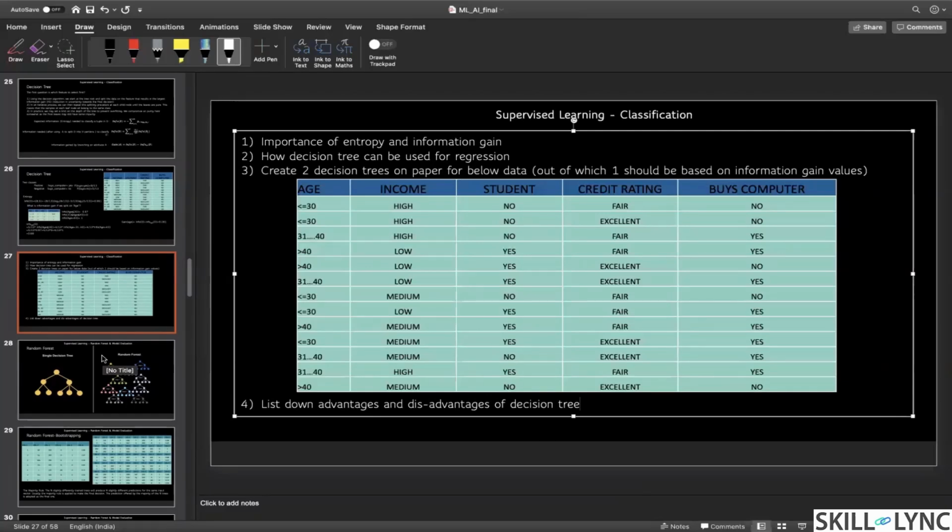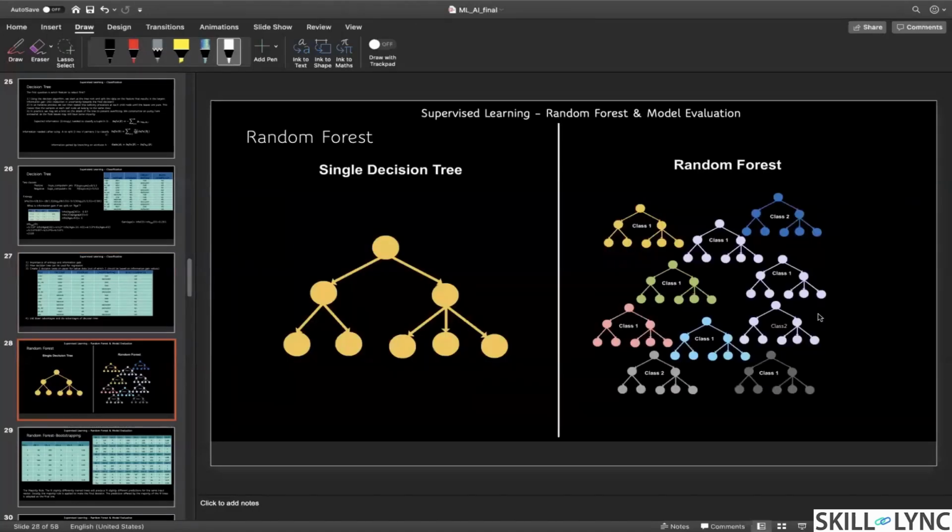For that question, there are different methods to stop this. There are different methods which you'll be learning in the advanced course. But one such algorithm, which is an extension of decision tree, helps us in resolving the issue of overfitting.